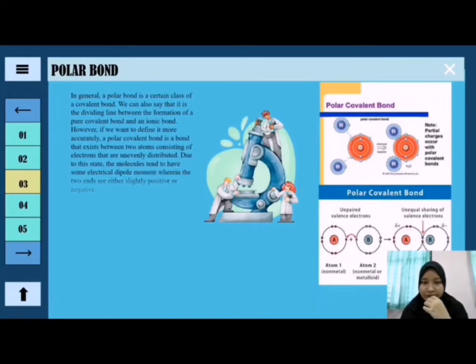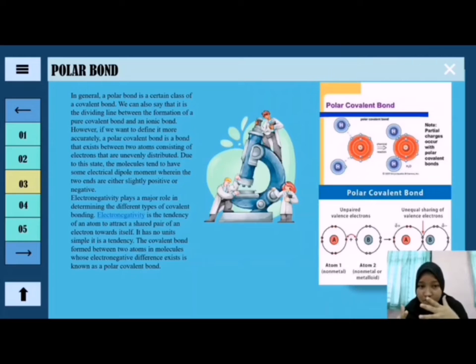Polar covalent bond. In general, a polar bond is a certain class of covalent bond, and we can also say that it is the dividing line between the formation of a pure covalent bond and an ionic bond. However, if we want to define it more accurately, a polar covalent bond is a bond that exists between two atoms consisting of electrons that are unevenly distributed.